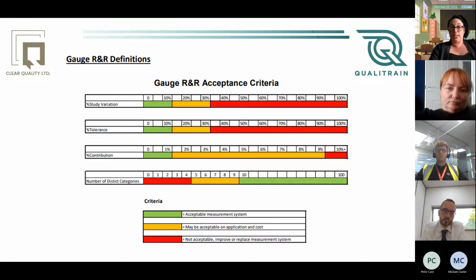If your tolerance limit sits between 10 and 30%, then it may be acceptable, but there are some things you're going to need to improve because it isn't that accurate in what it's doing. If it sits over 30%, anywhere between 30 and 100, it's not an acceptable measurement system. It's not working. So those are the main overalls that we're looking for. Mainly we want to see what our tolerance is.